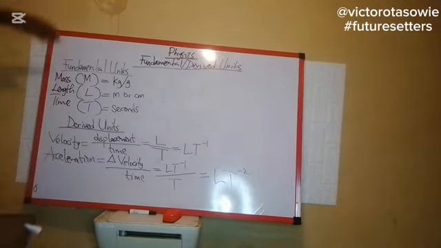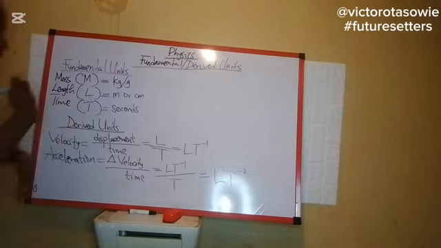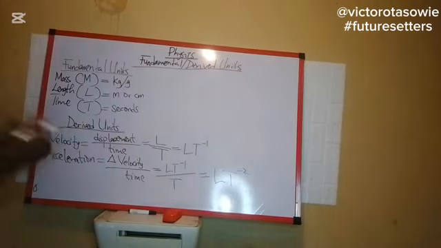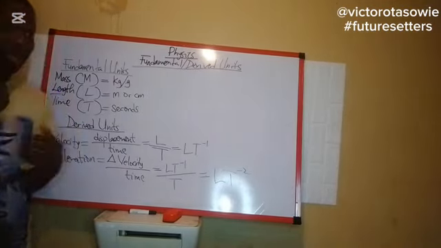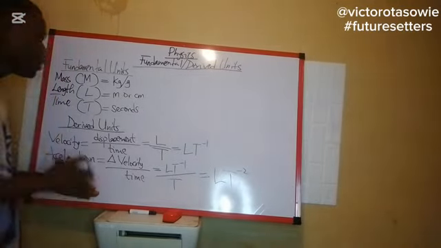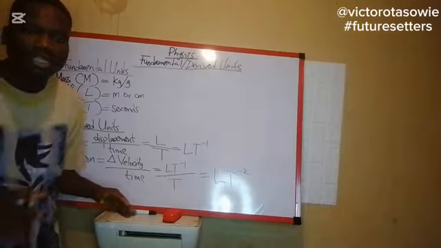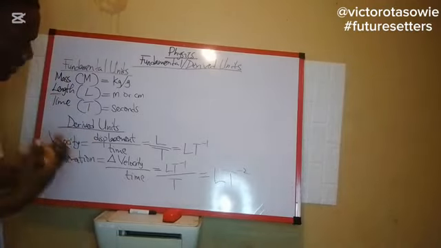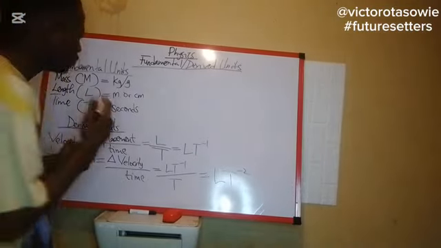Like I said, for the fundamental units we have the mass, which is measured in kilogram or gram, depending on the unit. In physics, the unit you are given will determine what you use. The unit will determine the principle. You have to focus on the units. I tell them, don't just solve questions without knowing the unit.